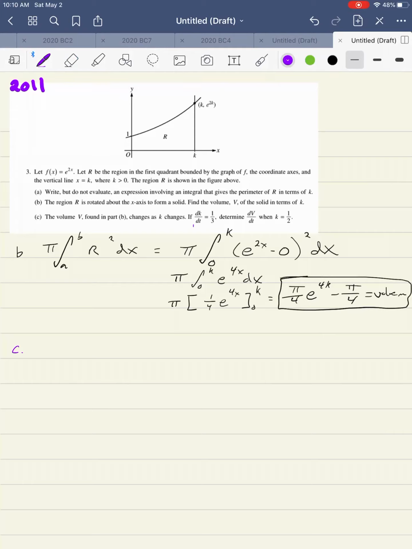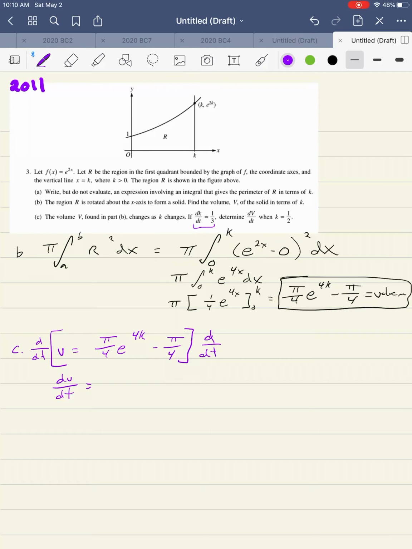It's kind of different. dk/dt equals 1/3. So I need to introduce time to this. I know the volume is pi over 4 e to the 4k minus pi over 4, and we got that from part B. If I need this in terms of time, you have to differentiate with respect to time. It's a related rate, so that becomes the change in volume over time.